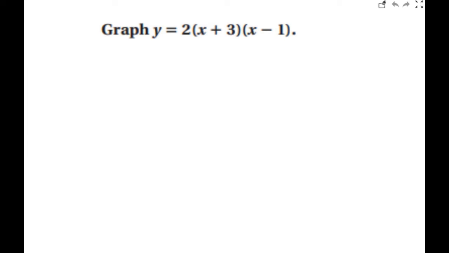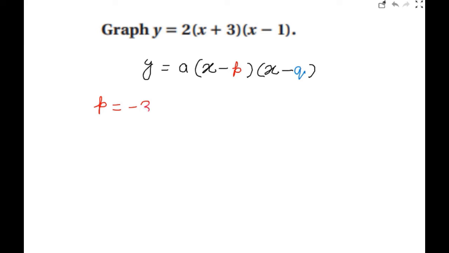Let's have an example now. First of all, we'll compare this equation with the intercept form of a quadratic function, which is y equals a times (x minus p) times (x minus q). As we compare negative p with positive 3, the value of p is negative 3.